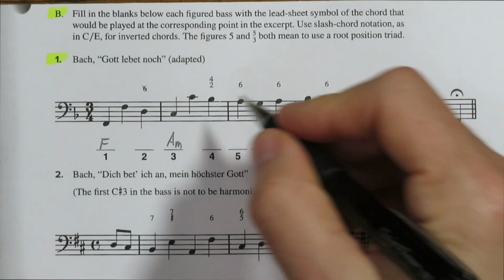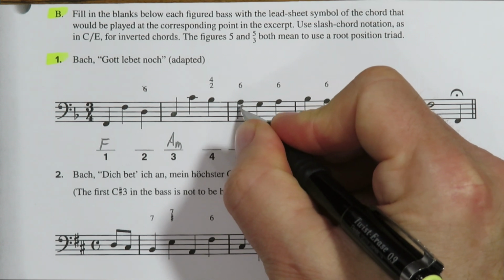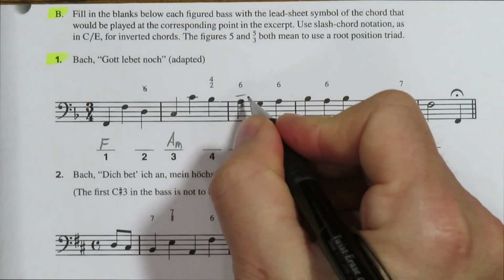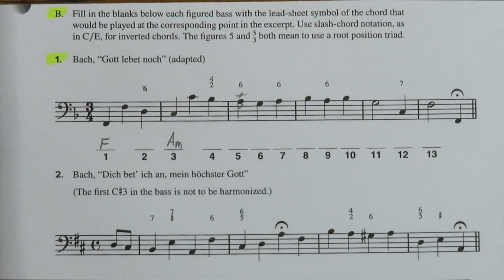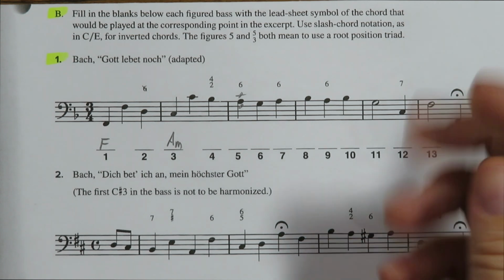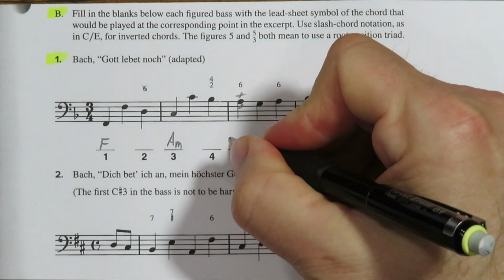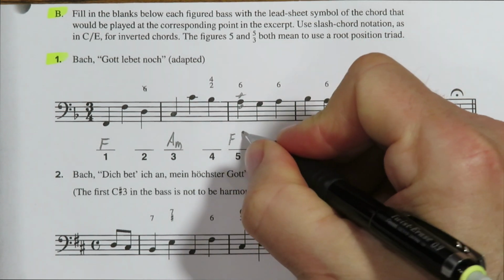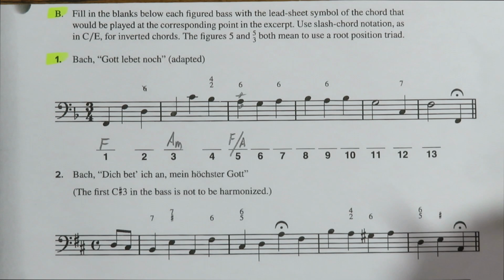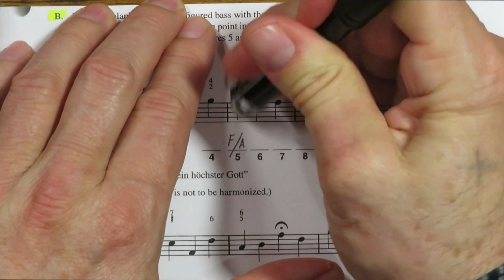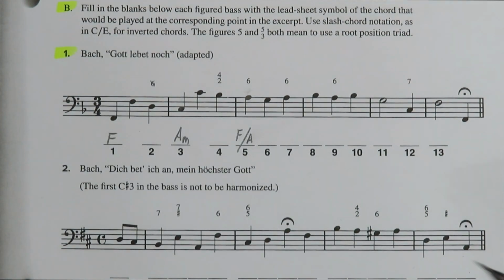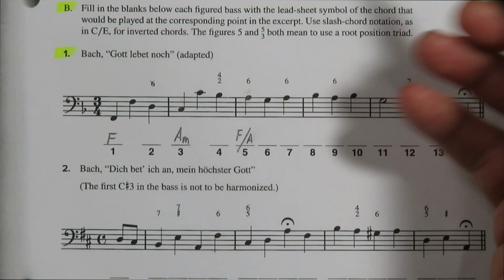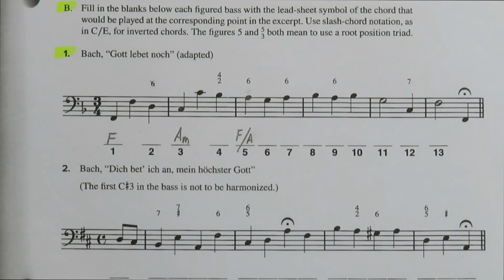So if this is the third, then that would be the root, and then that would be the 5th: F, A, C. So it would be an F over A, because it's an F chord with an A in the bass. If it was second inversion, it would have a C in the bass, 6/4, so we'd put F over C.